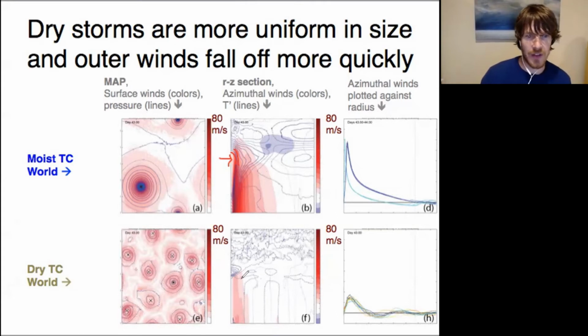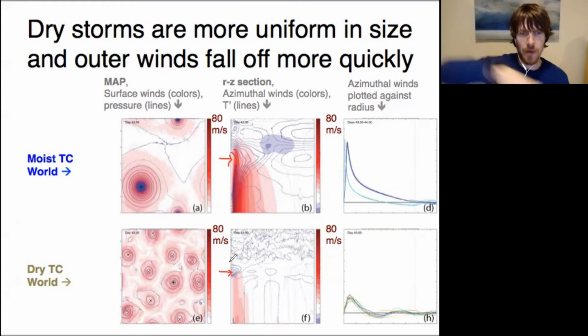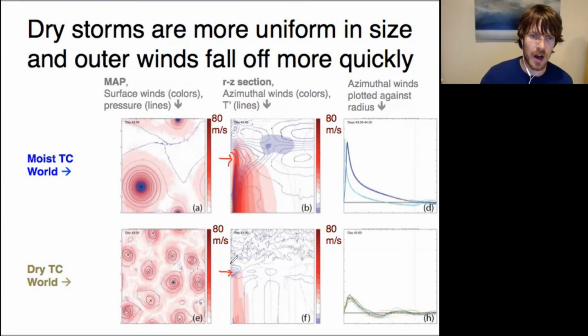The dry storms, on the other hand, have just this tropopause confined warm core, which is kind of interesting. So they have a low surface pressure that extends all the way up almost uniformly to the tropopause, and then the tropopause bows down a bit, causing a warm anomaly there.